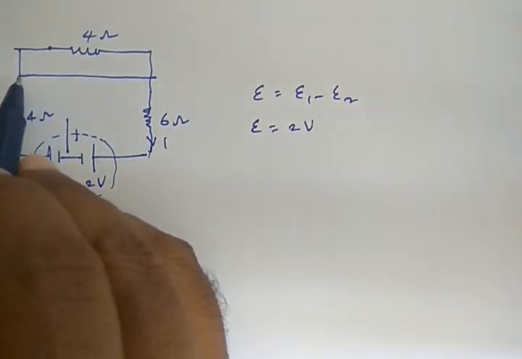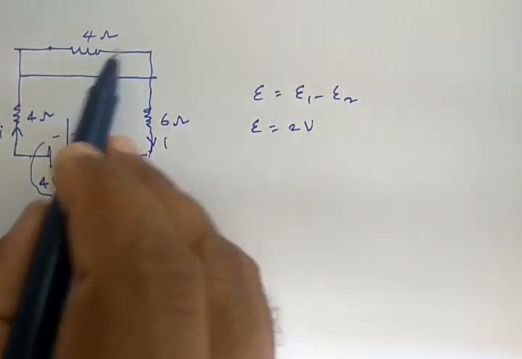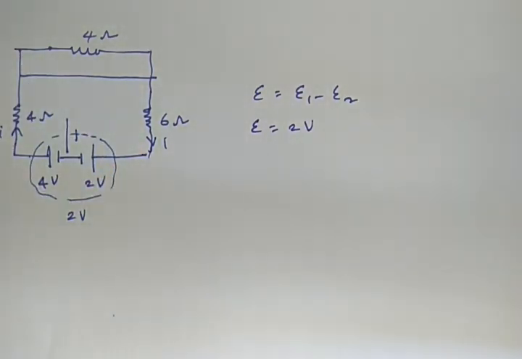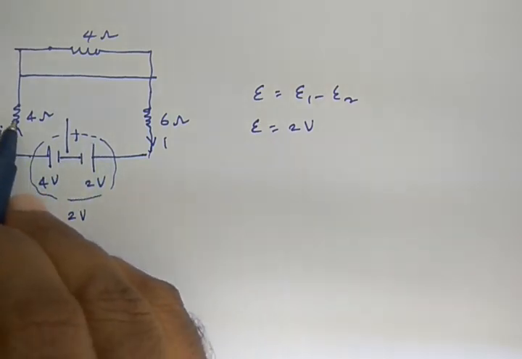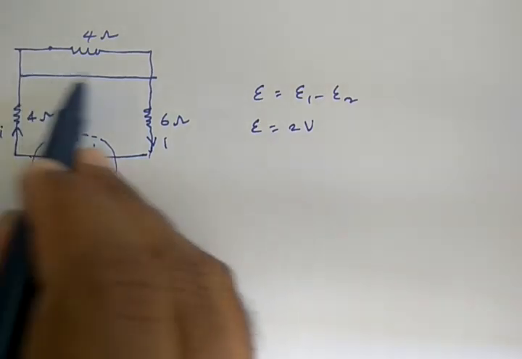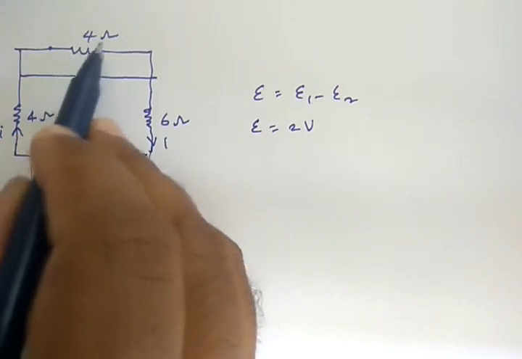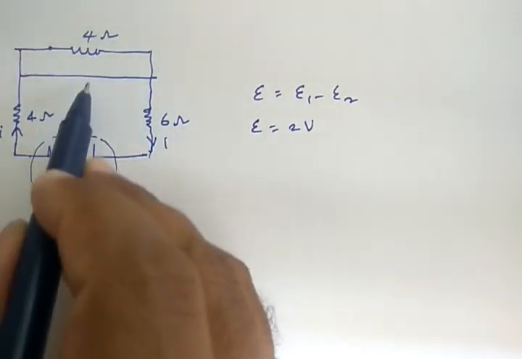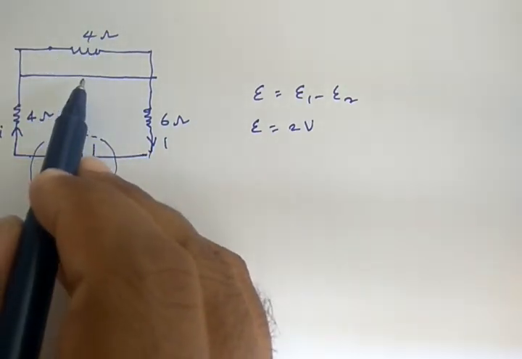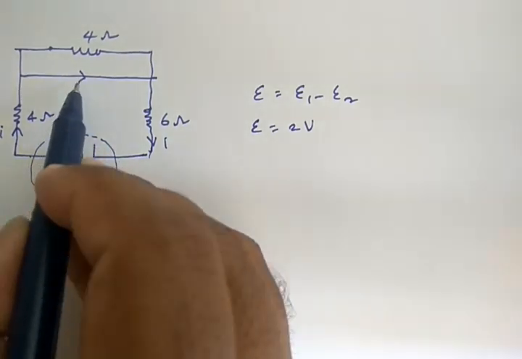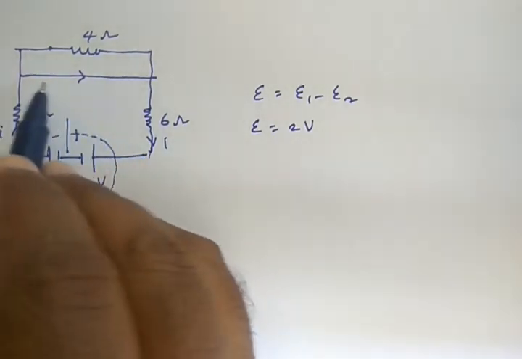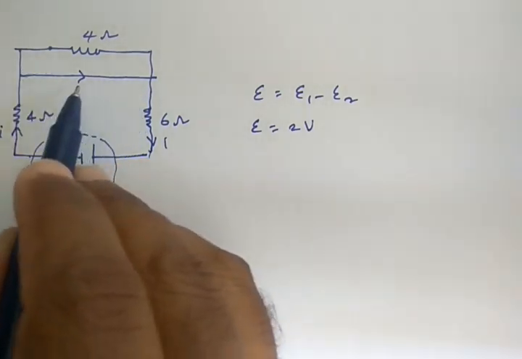Once current comes here, there are two connections. Here this wire is offering 4 ohm resistance and this wire is offering 0 ohm resistance. So definitely current will choose the path which gives no resistance. This is the path that is giving no resistance.